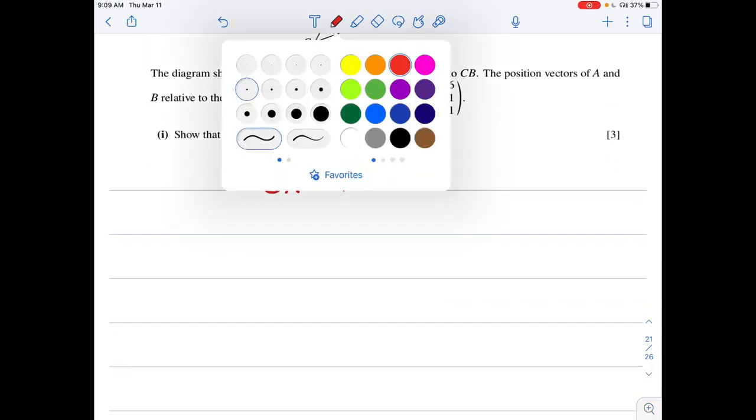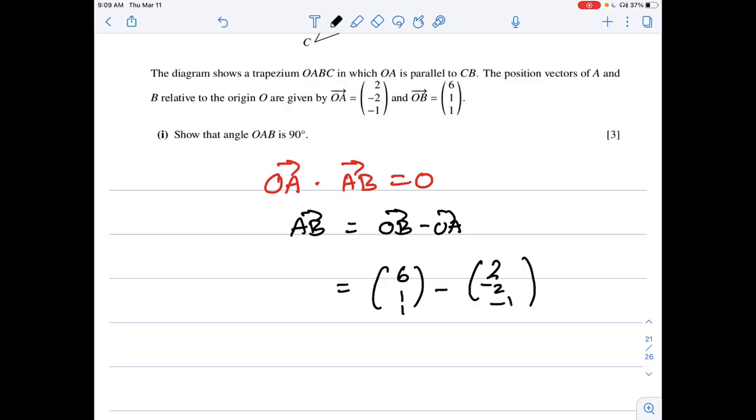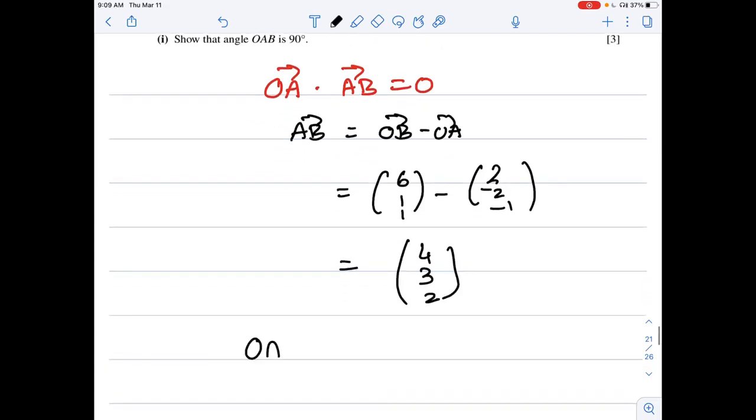How do I find AB? AB is nothing but OB minus OA. So OB is (6, 1, 1) minus OA, which is (2, -2, -1). So this becomes (4, 3, 2). So now I try OA dot AB.